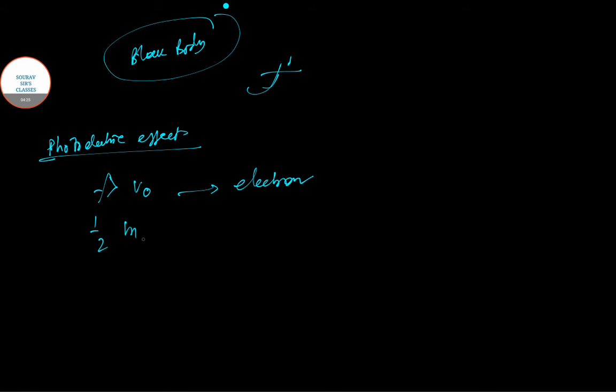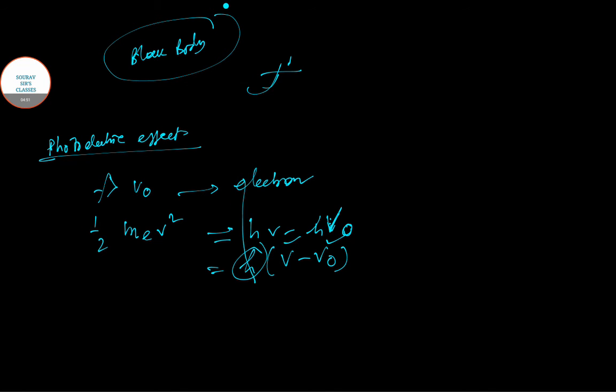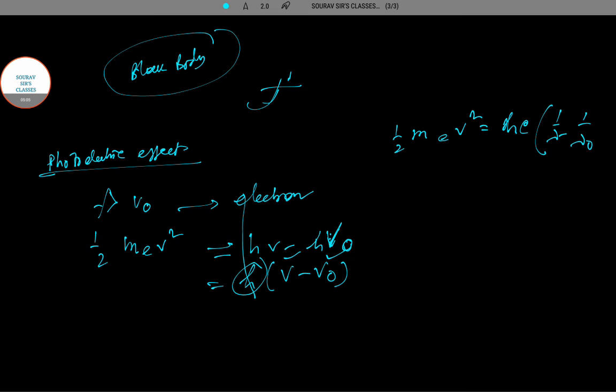It is half mv square equals hv minus hv0, where v is the frequency of the light, v0 is the threshold frequency, and h is the Planck constant, 6.625 into 10 to the power minus 34. Alternatively, it is half mv square equals hc times 1 by lambda minus 1 by lambda 0.